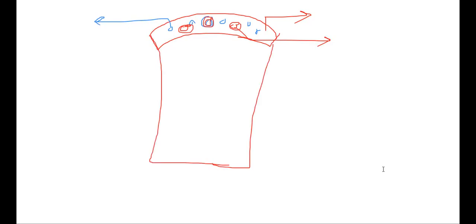Then the intercellular matrix of the cartilage is called chondrin. So cartilage is surrounded by the membrane called perichondrium.